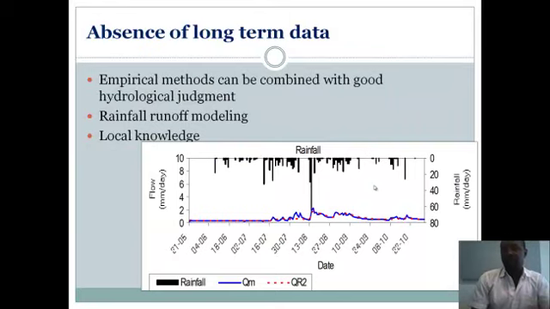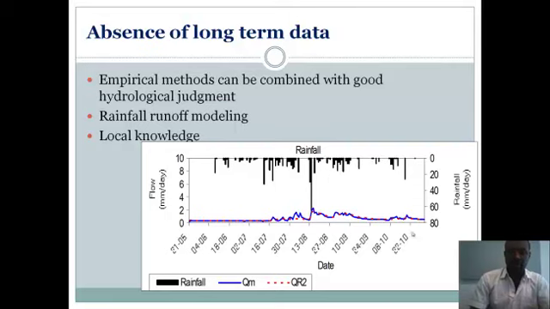And of course there may still not be any possibility, or for whatever development we are going to in any wadis, we may not have any data measured at an earlier time. And then we have to use empirical methods like rainfall runoff modeling, and also we have to use all the local knowledge we could get from people.